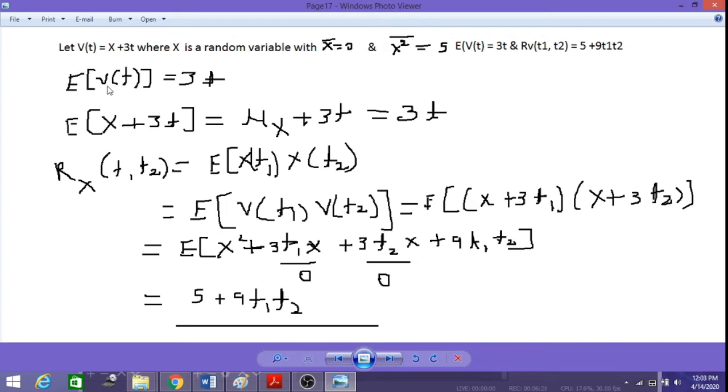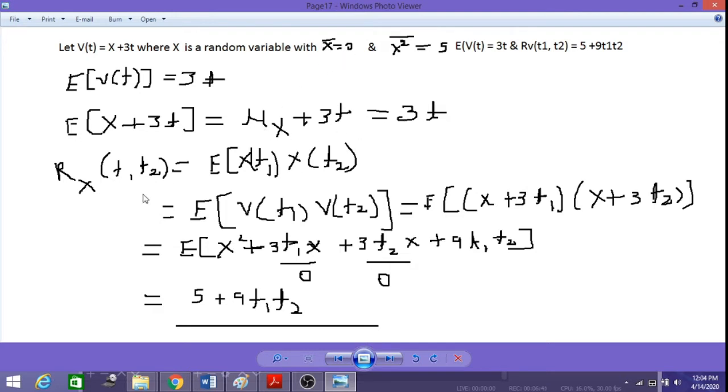Let us take the expectation of v(t), which from the definition is x plus 3t. Since 3t is a constant, we take the expectation of only x, which is the mean of x, and that is 0.